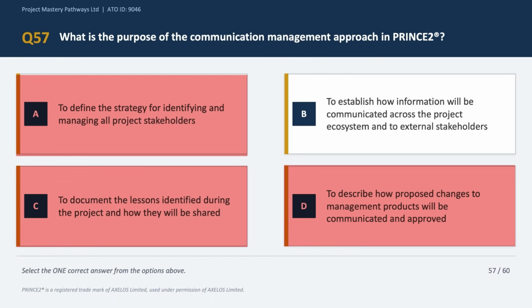Now finally, option B says to establish how information will be communicated across the project ecosystem and to external stakeholders. Now this is the correct answer choice. The communication management approach describes the means, the frequency, and the format of information flow throughout the project. It keeps everyone informed at the right level. So the correct answer is option B.